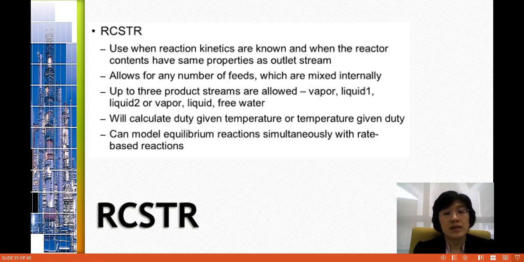The duty can be calculated for you if the temperature is given, or vice versa. This RCSTR can model equilibrium reactions concurrently with rate-based reactions, meaning you can have more than one reaction. Some of the reactions can be in equilibrium, and some of the reactions are rate-based equations.